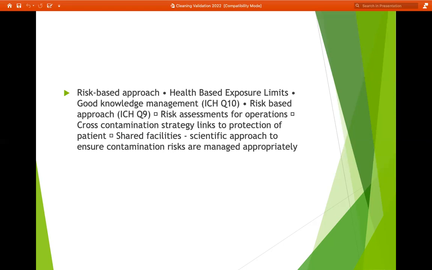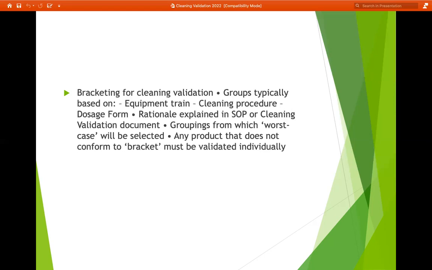So during risk assessment of your process, equipment and product, you can consider cleaning validation factors also: what the possible contaminants will be and what the possible risk of contamination in your product is. Based on that, you can define your cleaning method and cleaning validation.